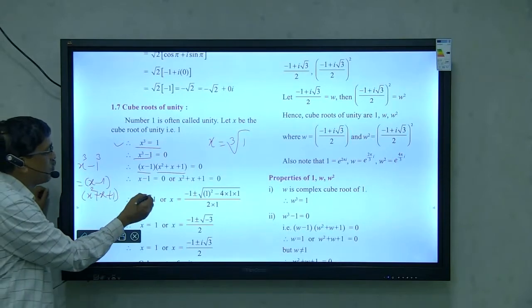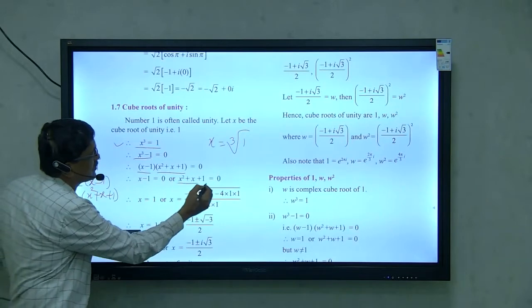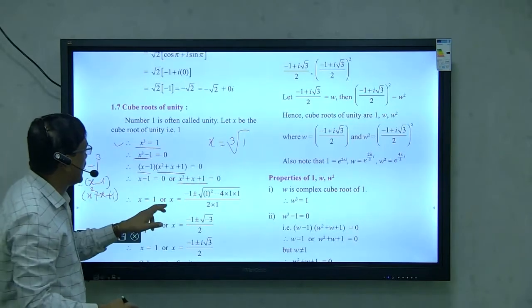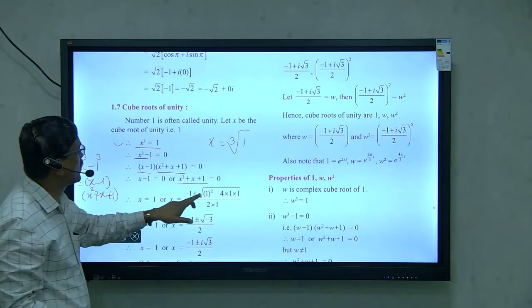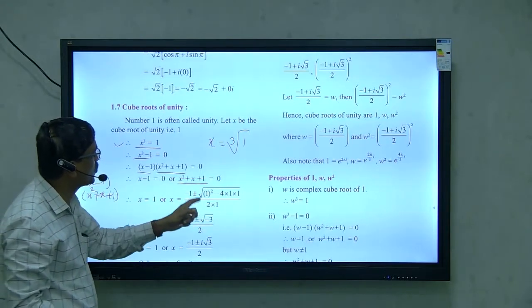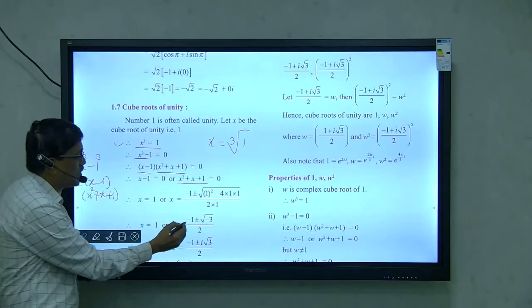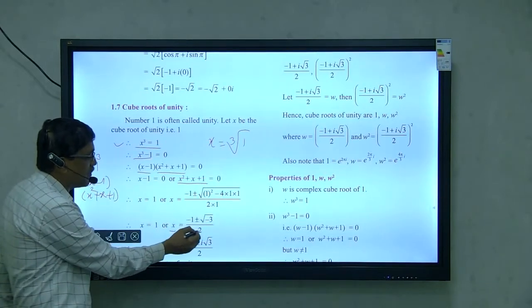It means x equal to 1 or x equal to, see, this is a quadratic equation. Using the formula for finding roots, we get x is equal to minus 1 plus or minus root of 1 square minus 4 into 1 into 1 upon 2 into 1. That is, x is equal to minus 1 plus or minus root of minus 3 upon 2.